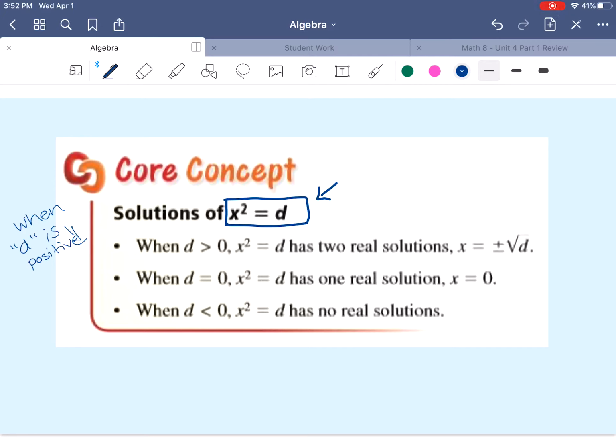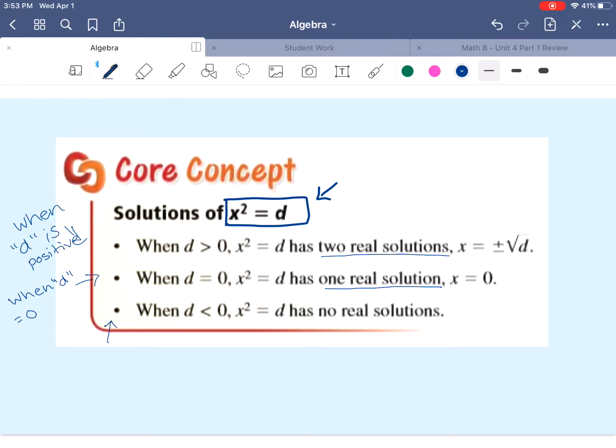On our second meatball there, when d is equal to 0, x squared equals d has one real solution. So this is saying when d equals 0, then there's one solution. So two real solutions when d is positive, one real solution when d is 0. And then our last meatball here, when d is less than 0, x squared equals d has no real solutions.